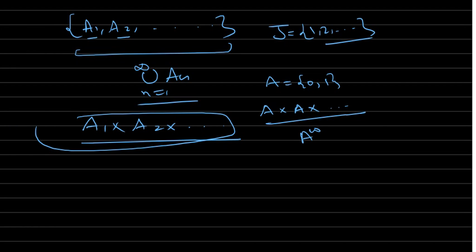So A omega means the countable product of A with itself. So that's an exercise.